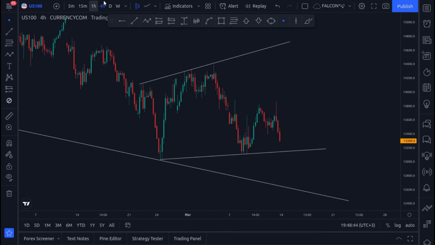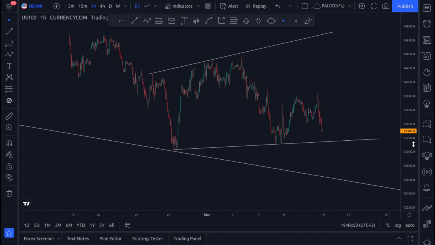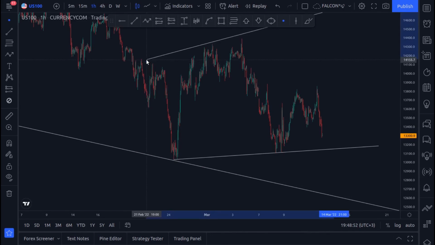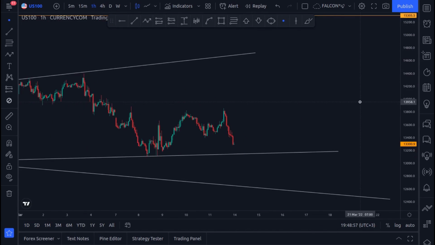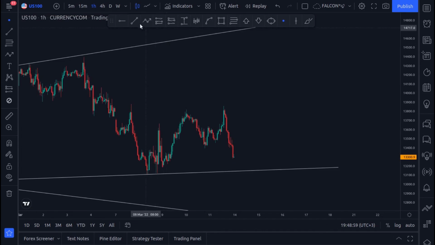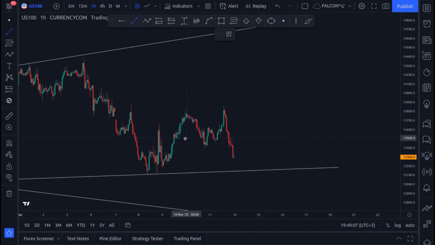Okay, so let's go to the 1 hour. Yeah, this one actually looks good. As you can see, we were in this downtrend which has been broken, and this one is like a correction. As you can see, first touch, second touch, we are in the third touch currently.